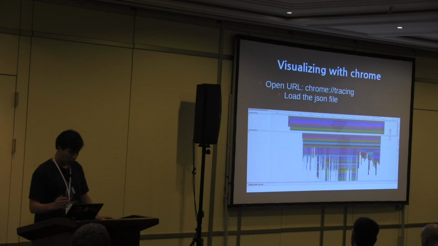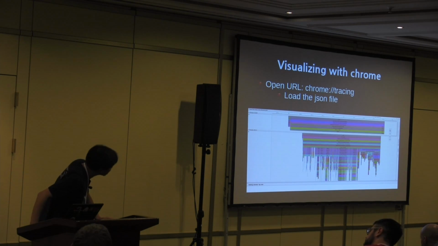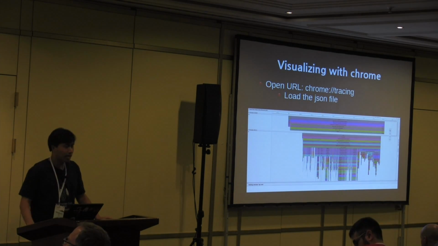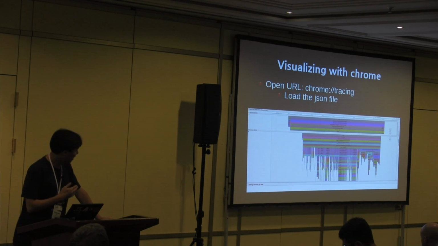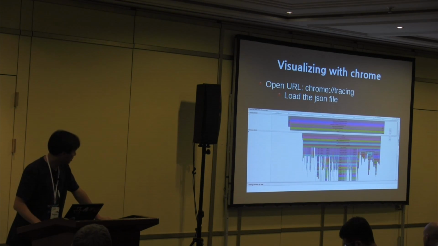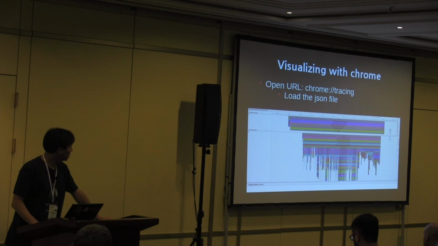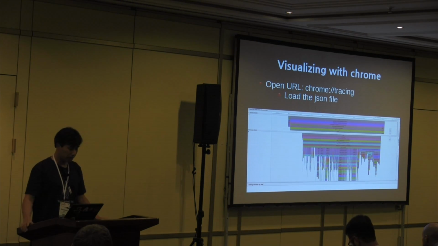And this is the output of Uftrace running a Clang compiler. The x-axis is time, and the y-axis is the function call depth, and it was divided by task IDs.